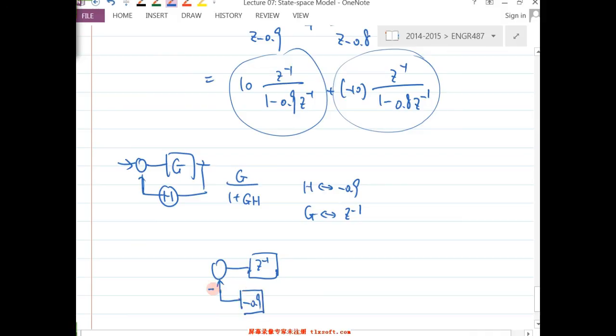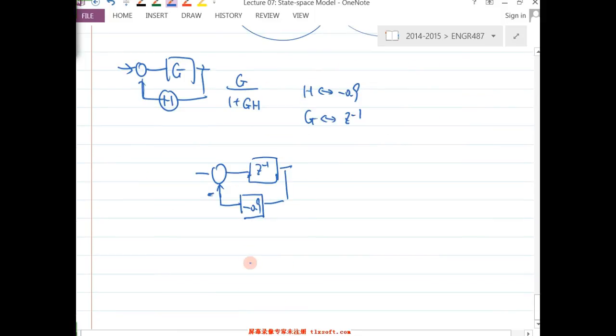And the other block is negative 0.8, also with negative feedback.